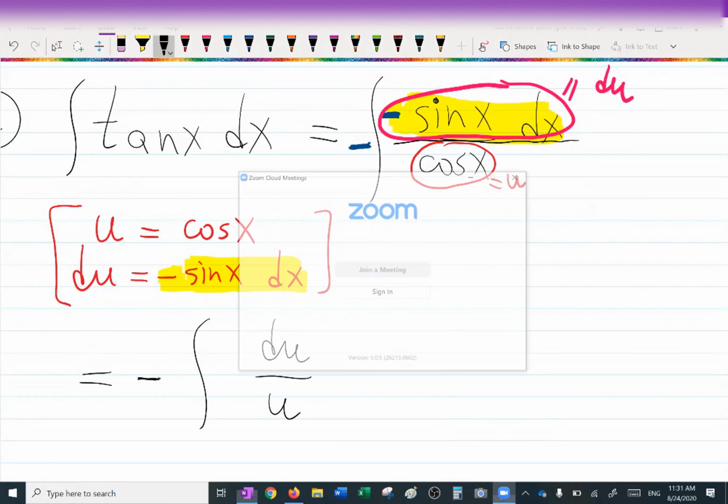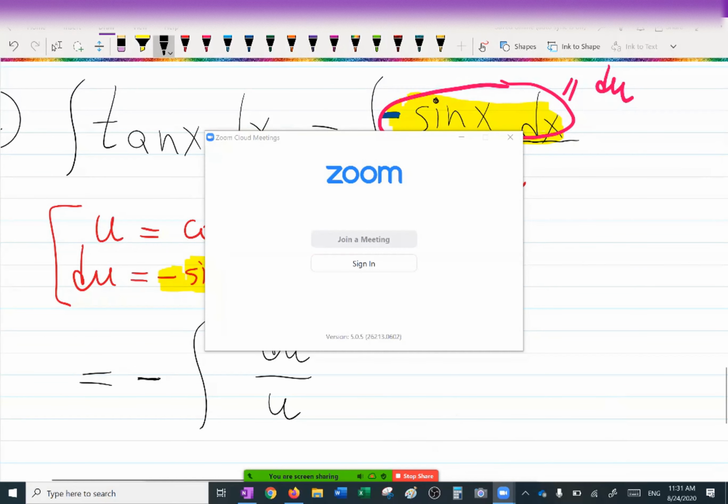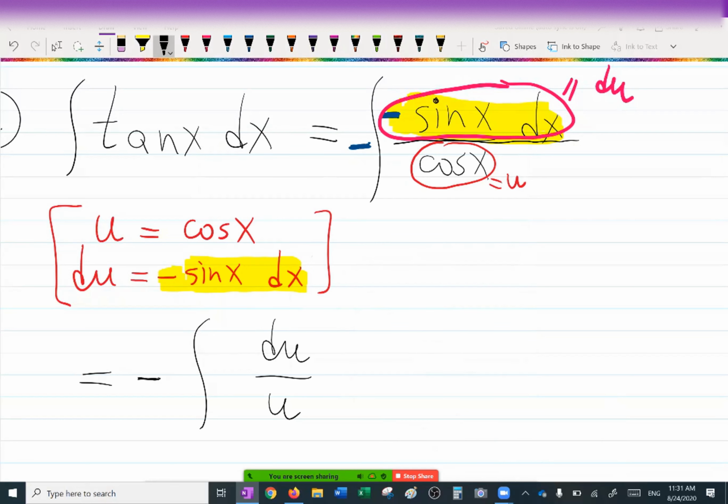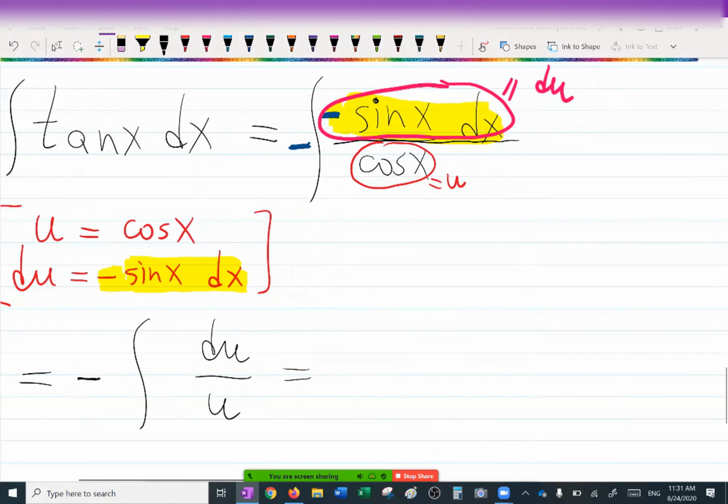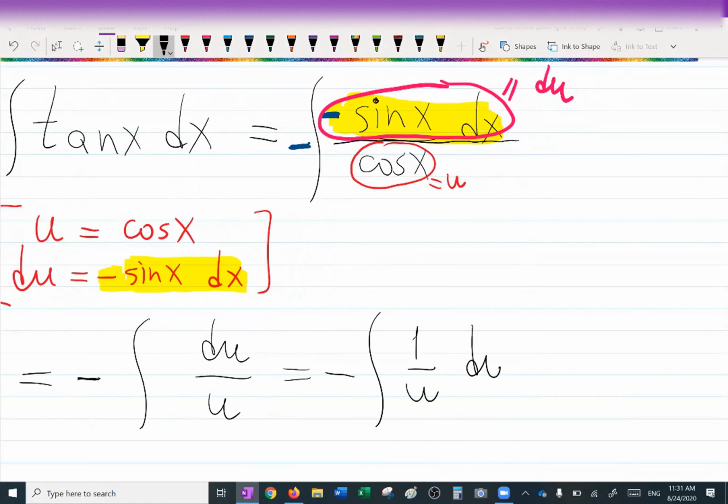Du over u. What do you think? With minus in front of it. What is the integral of du over u? You're probably a little bit confused. You don't remember it. Okay, then write it down: minus 1 over u du. That's the same thing. You don't have to write du over u, even though it actually saves space, so I like it this way.